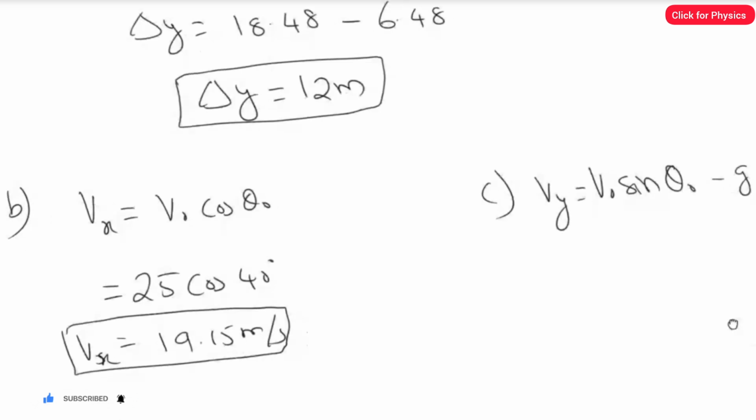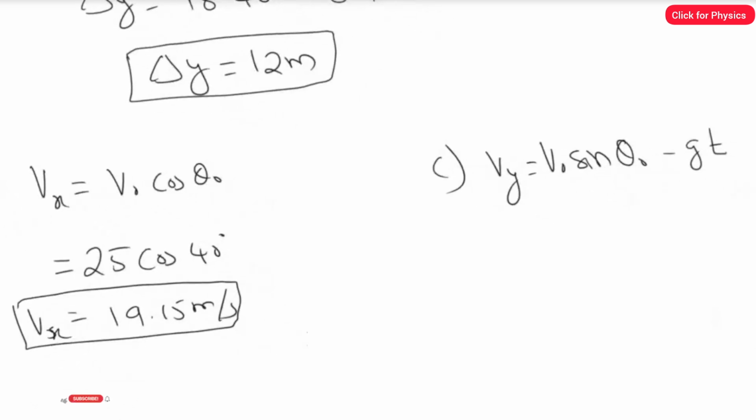Likewise, I have to find the answer for part C, which is nothing but the y component velocity, which is equal to 25 sine of 40 degrees minus 9.8 multiplied by 1.15, the time we already got from the first part.